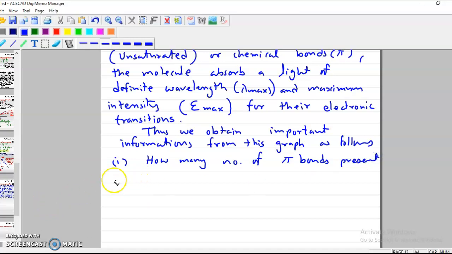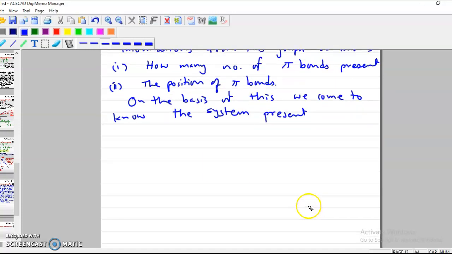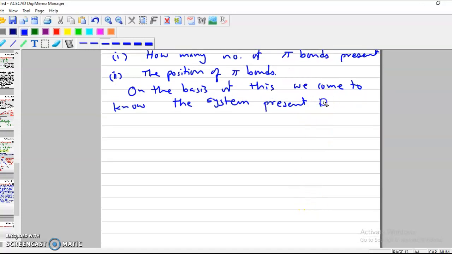That information is obtained from this graph. Second, the position of pi bonds. On the basis of this, we come to know the system present in a given compound. The system means the type of bonds present in a given compound.